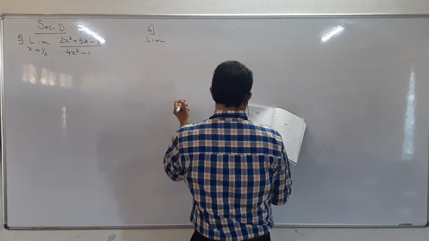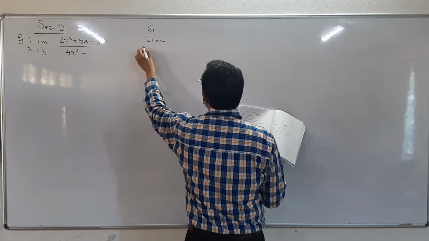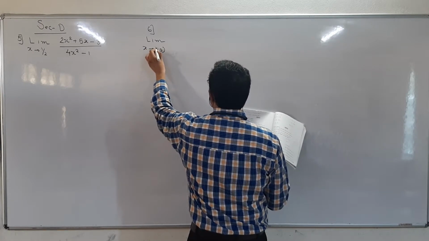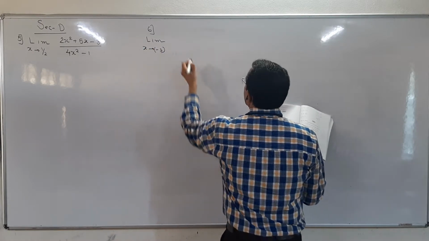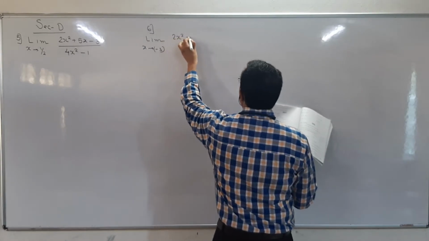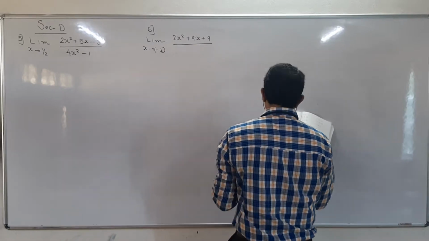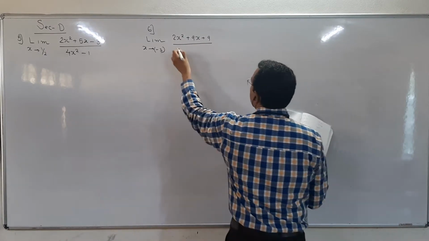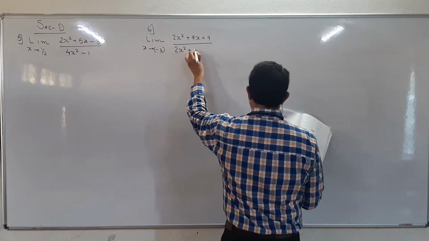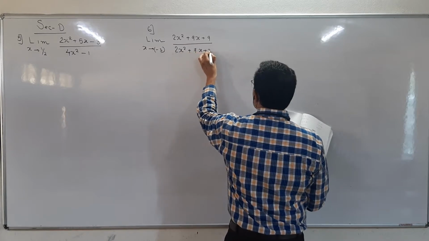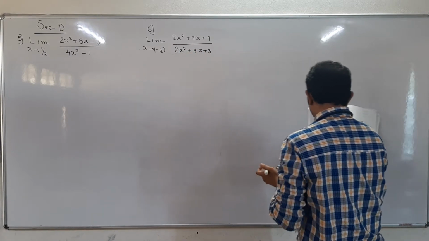Limit x tends to minus 3, 2x square plus 9x plus 9 divided by 2x square plus 7x plus 3.